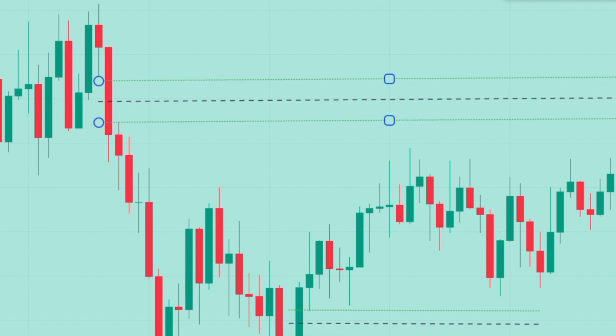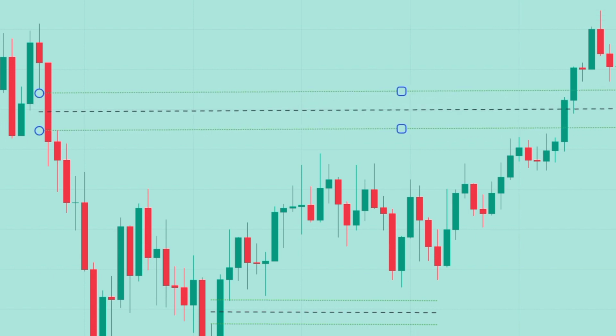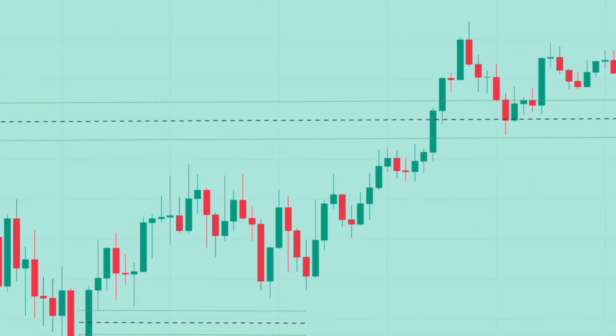One thing you should note is that whenever there is a fair value gap on price action, price always comes back to fill the fair value gap, because that is a very massive imbalance in the markets, just like we can see over here. There was an imbalance of fair value gap.